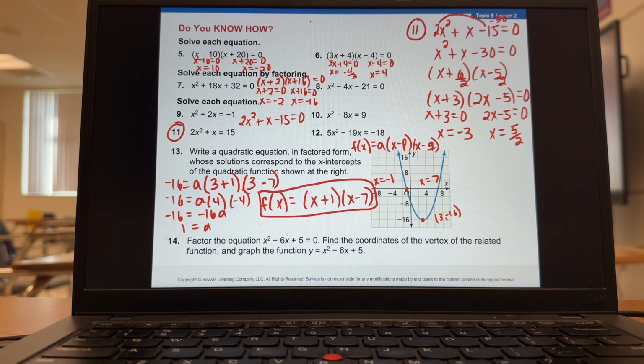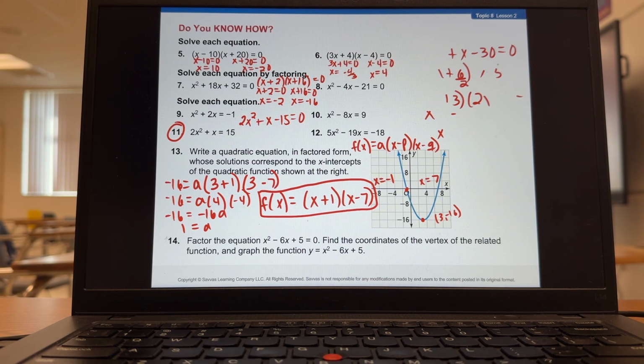14, factor the equation. All right, so I'm going to erase this one and try doing 14 up here. What two numbers when I multiply give me a positive 5, and when I add, a negative?